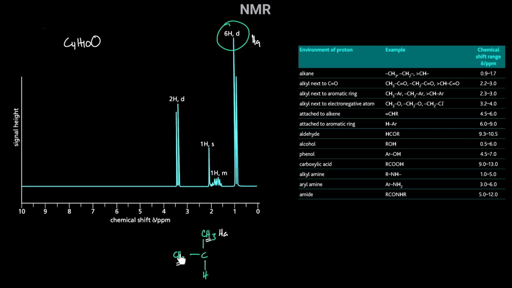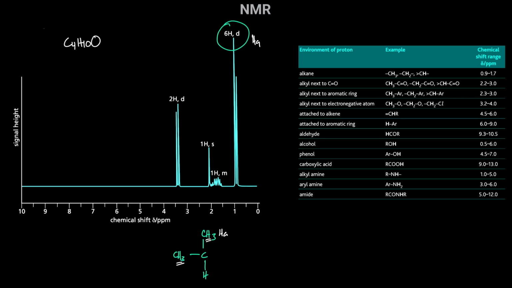So HA is split into a doublet because the neighboring carbon has one hydrogen. We also notice that these 2 hydrogens are split into a doublet, so we must have a CH2 bonded to the CH. We figured out 3 out of the 4 carbons.